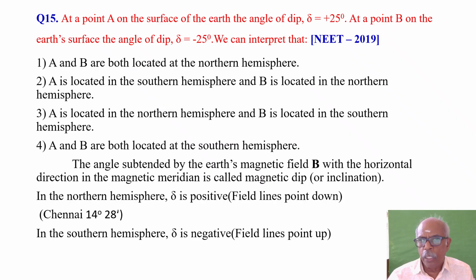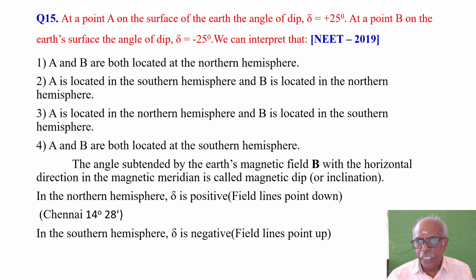At a point A on the surface of the Earth, the angle of dip delta is equal to plus 25 degrees. At a point B on the surface of the Earth, the angle of dip delta is equal to minus 25 degrees. We can interpret the options. Option A: both points A and B are located in the northern hemisphere.